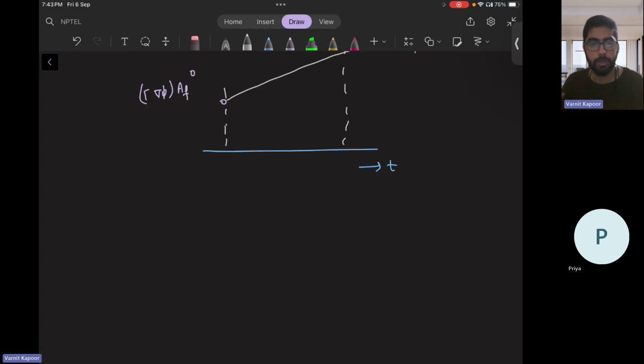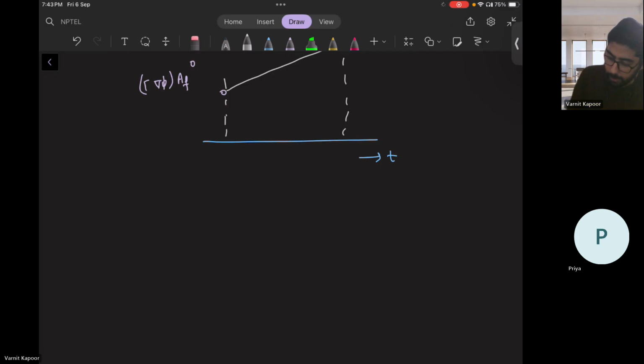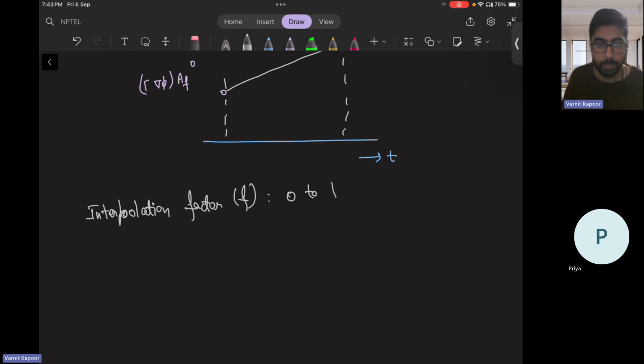So we are talking about this direction, from 0 to 1. We can use some interpolation factor f that has a value from 0 to 1.